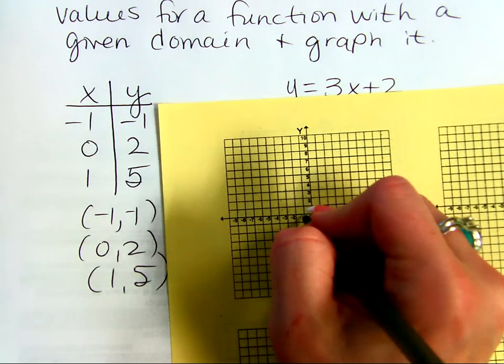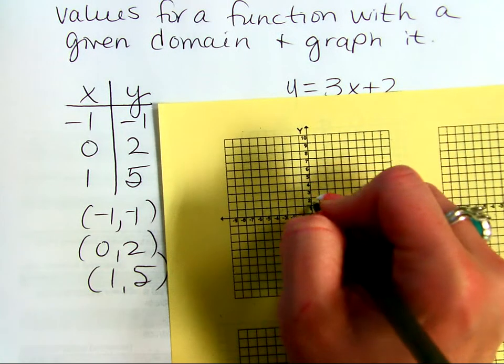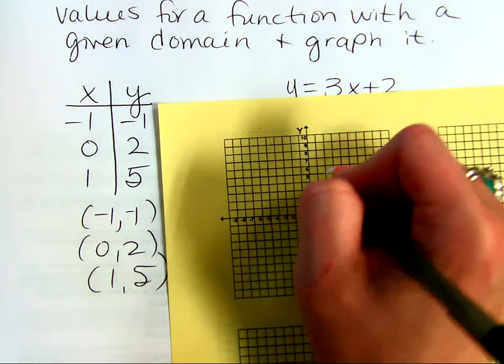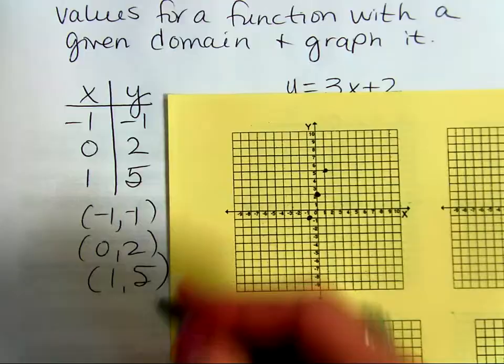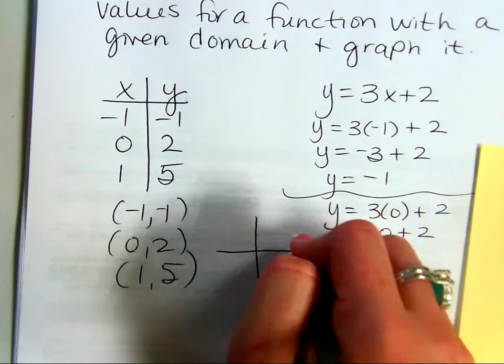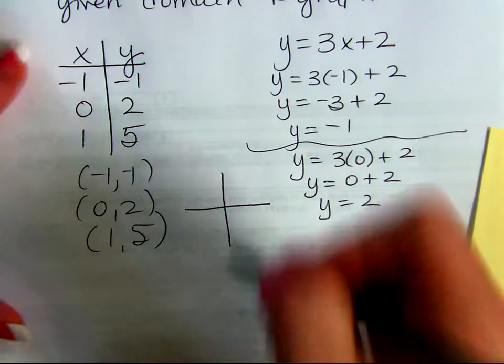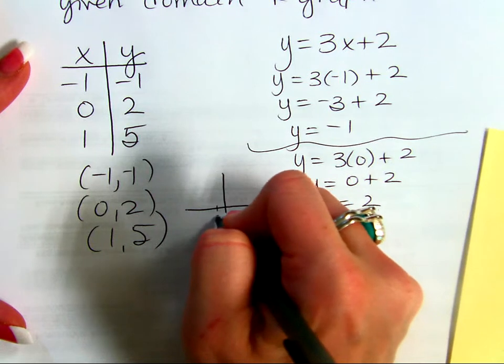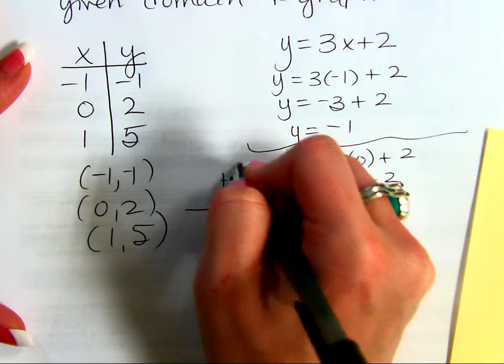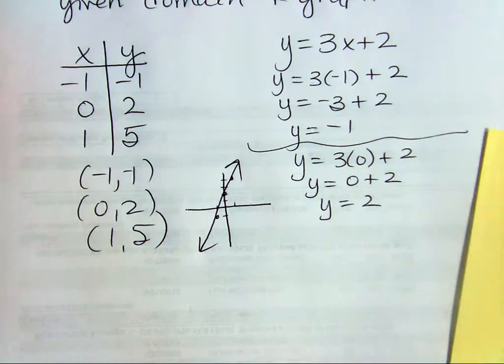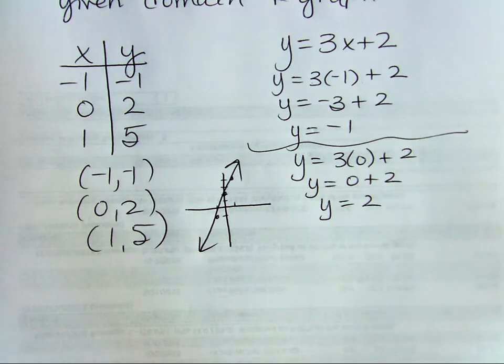You could just sketch it, which means there are no specific lines. A rough sketch would be -1, -1, 0, 2, and 1, 5, and there's your line. That's what you did in maybe 6th or 7th grade algebra or pre-algebra.